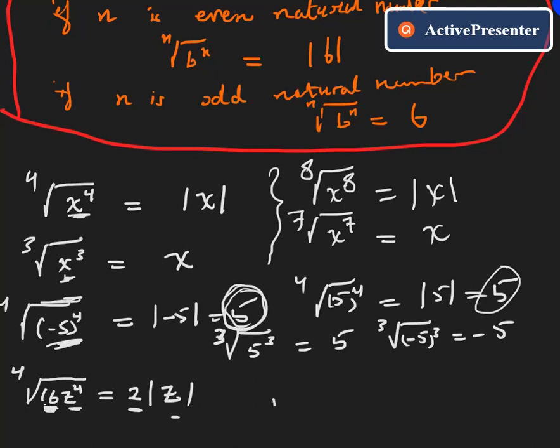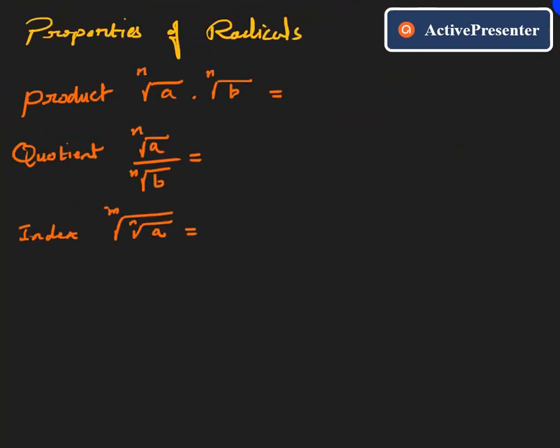Another example, if we ask you the fifth root of 32 a to the power 5. Here we don't care about writing the absolute value, so the answer would be: the fifth root of 32 is 2, and the fifth root of a to the power 5 is a.